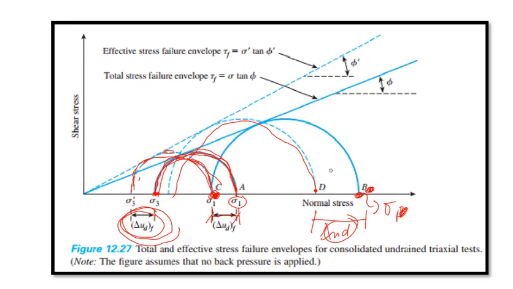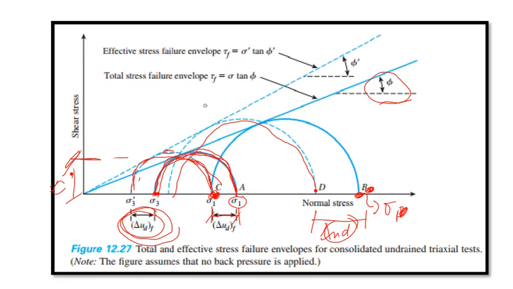So, if we consider just the parameters phi, masasolve na natin yung phi natin and yung pag over-consolidated yung soil natin, meron tayong value ng cohesion. So, makukuha nyo din yung C prime for the effective and C for the total.